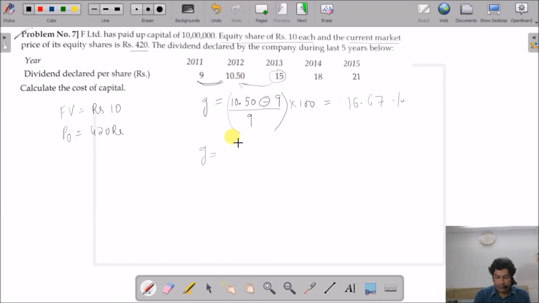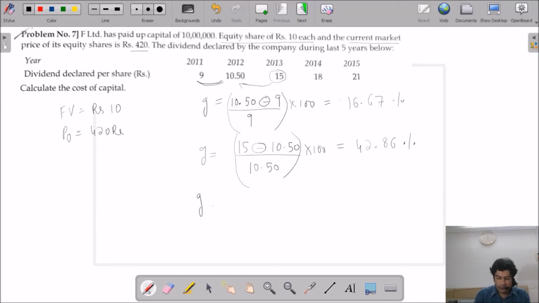Now the next growth rate which I am going to find is this one. So 15 minus 10.50, I will divide by 10.50, and this entire I am going to multiply by 100. So 15 minus 10.50 divide by 10.50 and percentage. So 42.86% is the growth rate.